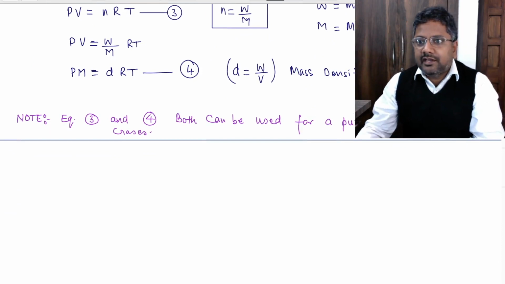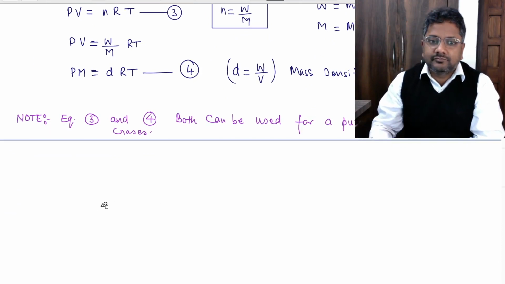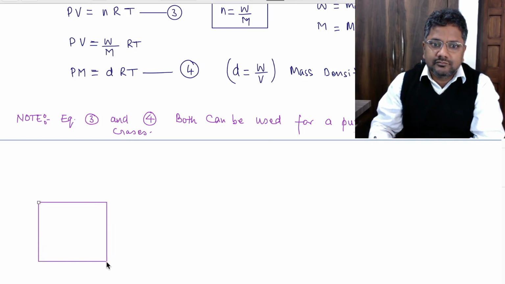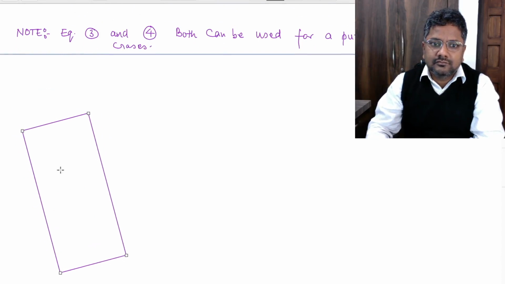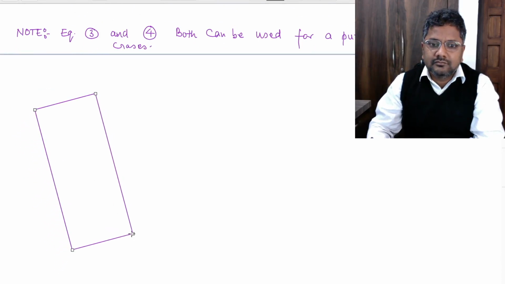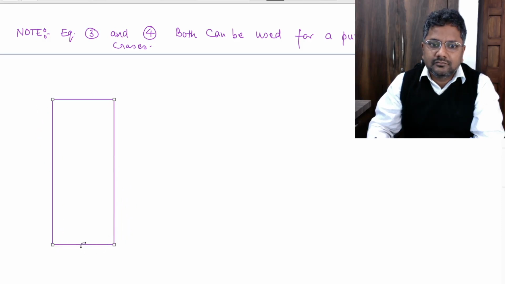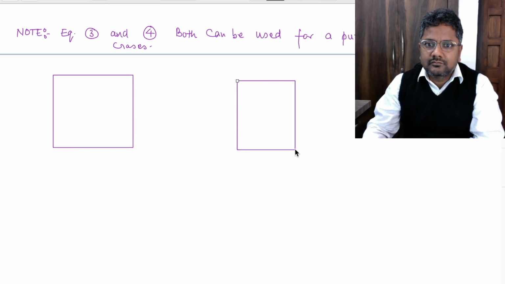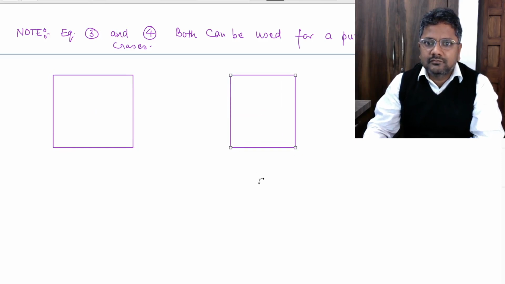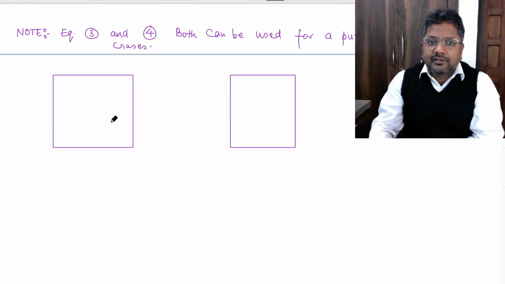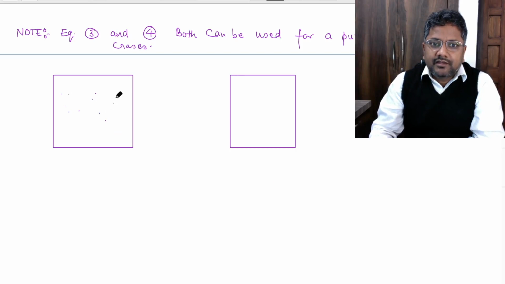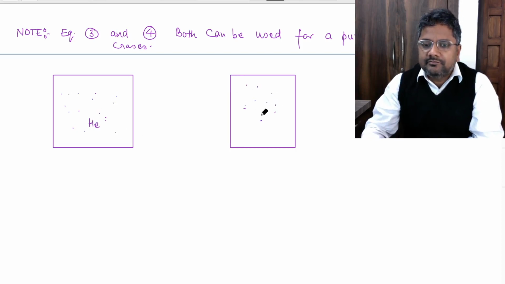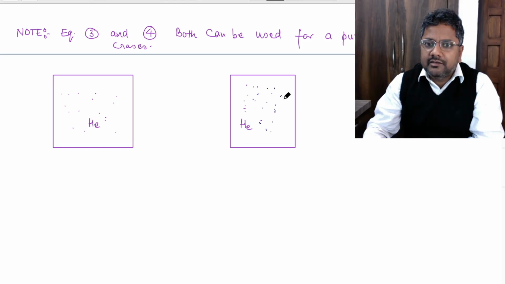Suppose we have two containers. Here we have taken a pure gas, suppose helium, and here we have taken helium along with nitrogen, so here we have two gases, helium and nitrogen.